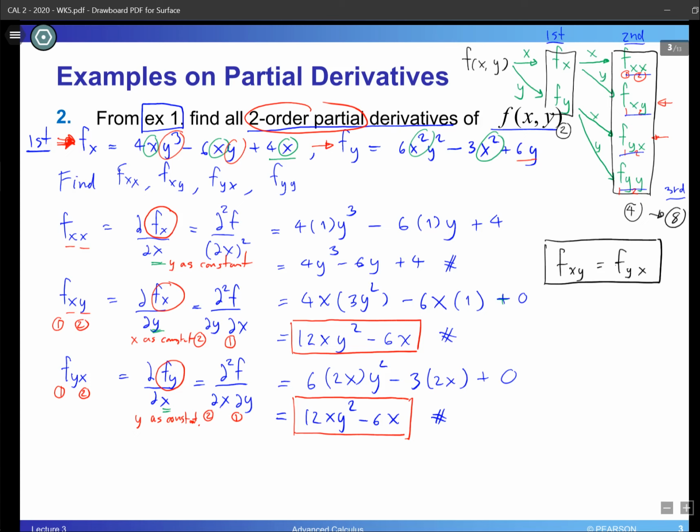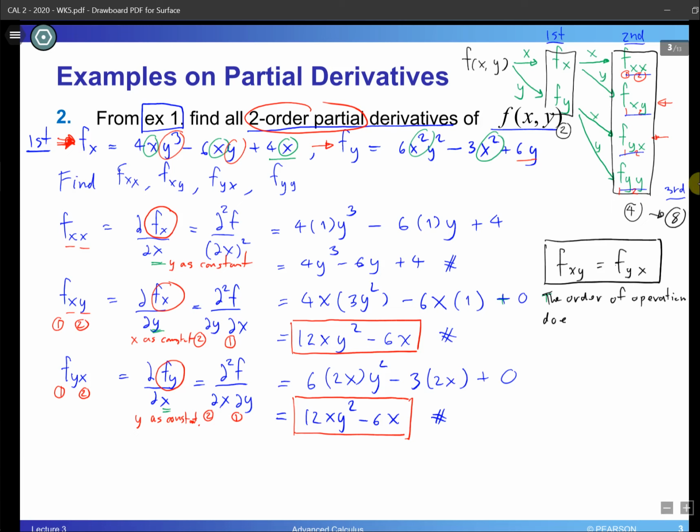Okay, make a note right here that the order of operation does not matter. You can perform differentiation with respect to x first and then y later, or y first and then x later. They are going to come out to be equal.